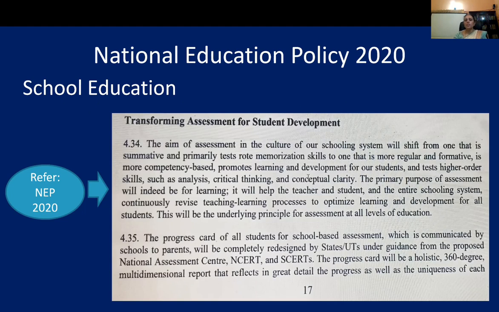This is the most important thrust area that tests higher order skills, analysis, critical thinking, and conceptual clarity. It also suggests 360-degree multidimensional reporting that reflects the uniqueness of each learner or student.